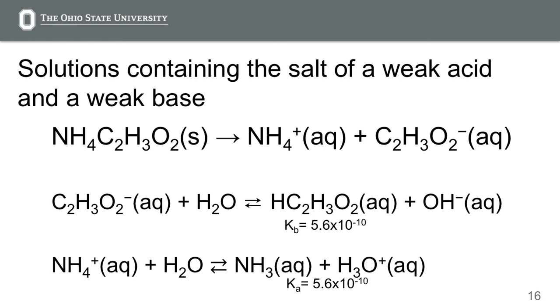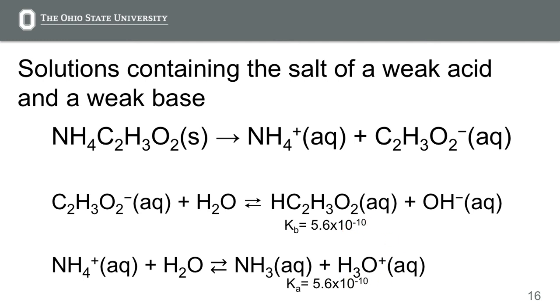Hang on y'all, I want to finish this up. We calculate the Kb value for the weak base, the Ka value for the weak acid, conjugate acid. You'll notice they're the same. That doesn't always happen. This is sort of a freak accident, okay?